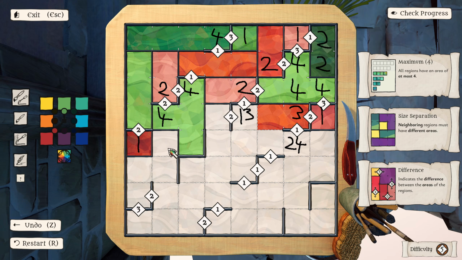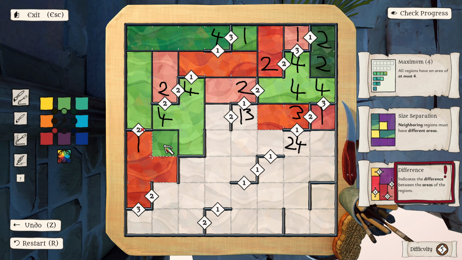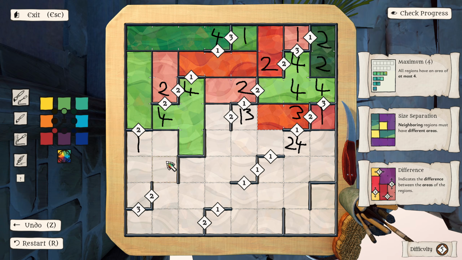Are you telling me a bunch of this could be wrong? Oh, gross. Do you see it? I think I see it. 3 plus 1 is 4. No, I was looking at this one.